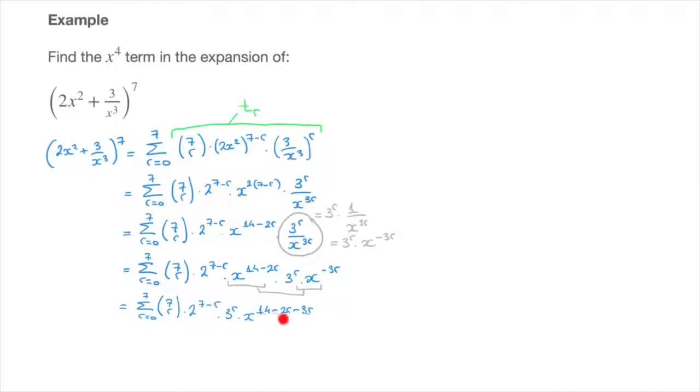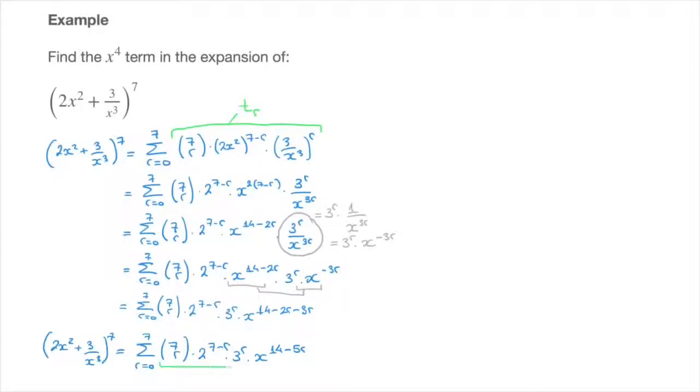Finally, simplifying this exponent as much as possible, we can state that (2x to the power of 2 plus 3 over x to the power of 3), all of which is raised to the power of 7, equals the sum from r equals 0 up to 7 of the binomial coefficient 7 choose r times 2 to the power of 7 minus r times 3 to the power of r times x to the power of 14 minus 5r.